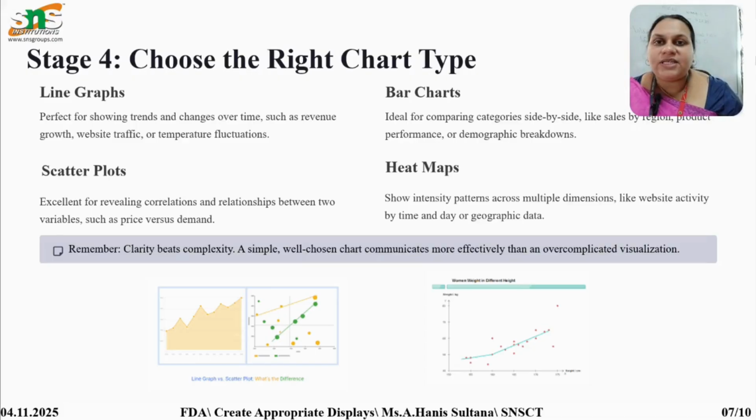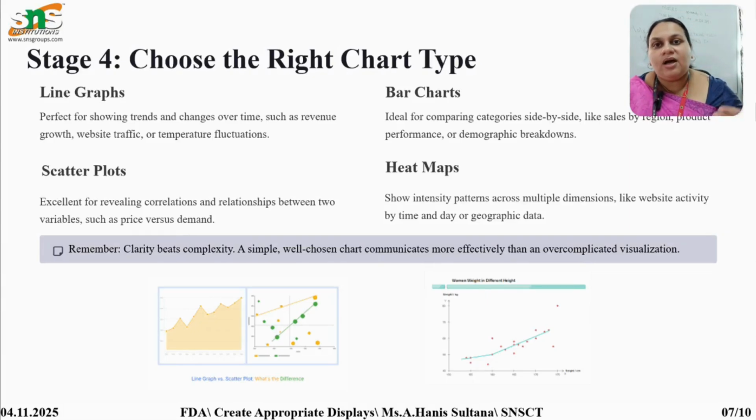And as we discussed, choose the right chart type. If you are going for a line graph, it shows trends and historical patterns, as with statistical data types. And a bar chart means there are categories, side by side.